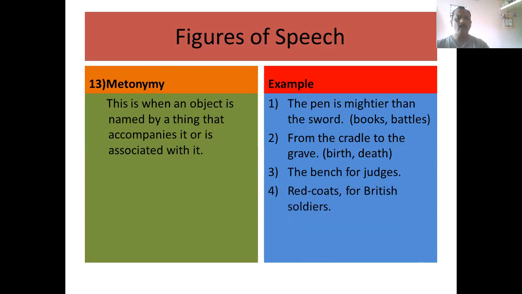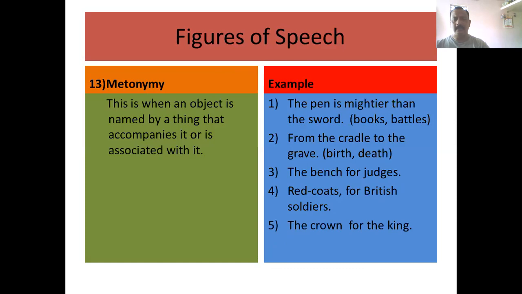Then, red coats for British soldiers. British soldiers are always wearing red coats, and to refer to the soldiers, the poet is using red coats. So instead of saying soldiers, red coats is shown there. At that time, it is called metonymy.